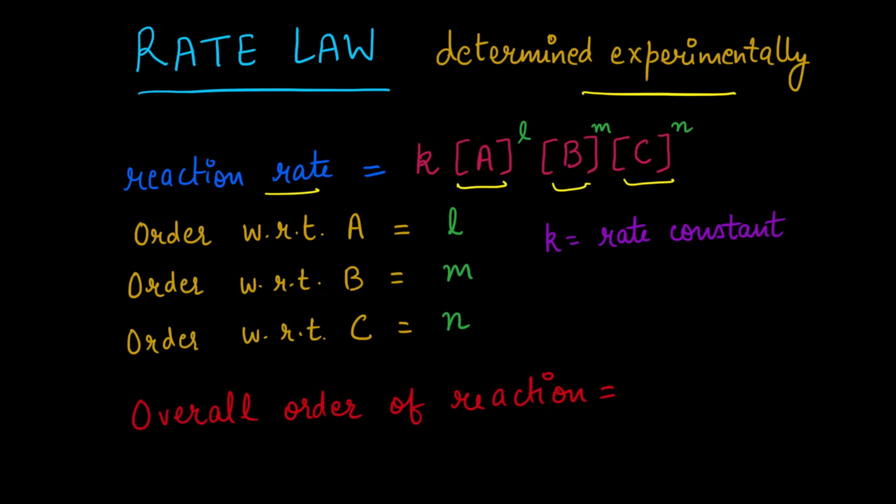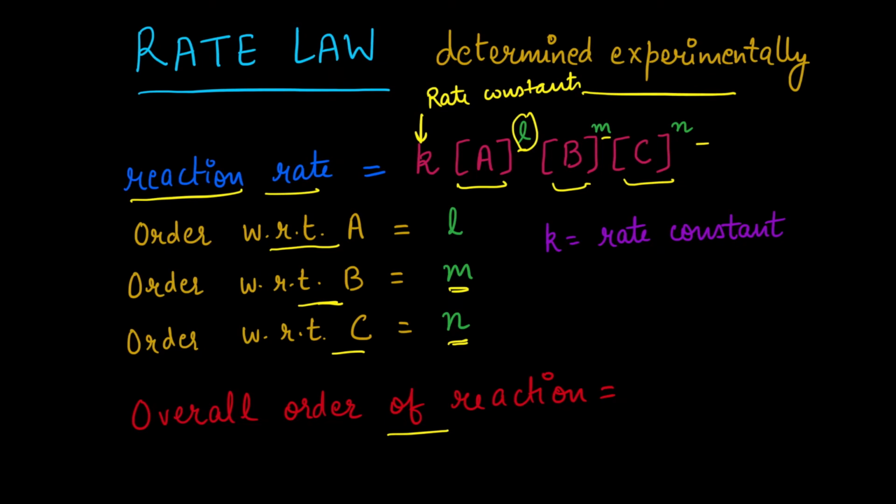Now this k is the rate constant of that reaction, and the terms l, m and n are orders of reaction. So this l is the order with respect to A, the m is the order with respect to B, and n is the order with respect to reactant C. So therefore, what is the overall order of this reaction based on this rate? It is l plus m plus n.